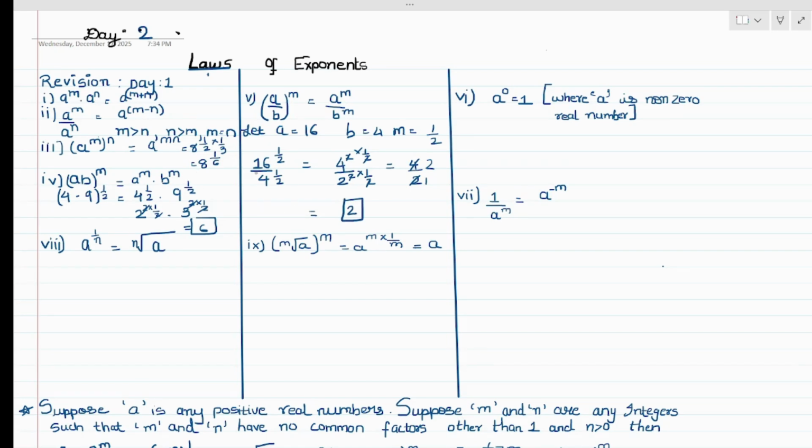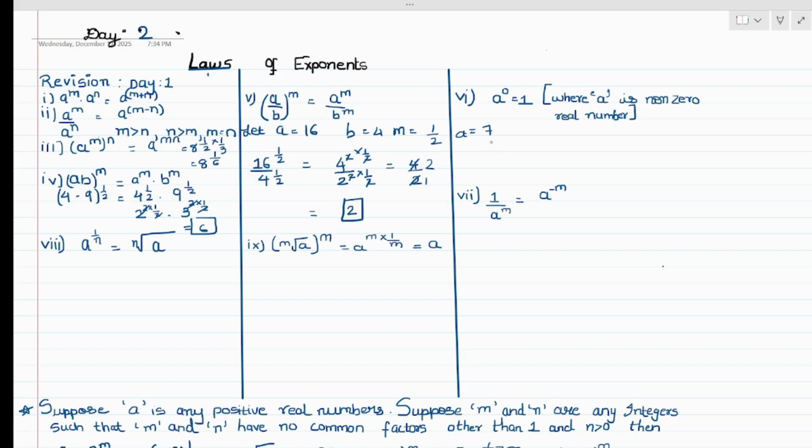Clear? Moving on to the next law, where a raised to 0 is equal to 1, where a is a non-zero real number. I can't take a as 0; it should be any rational number, but it can't be 0. So let's say I'm taking a as 7.